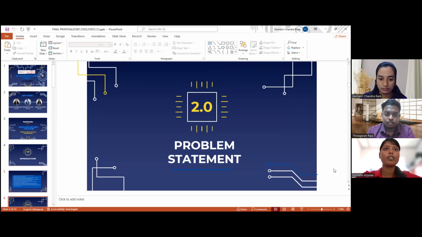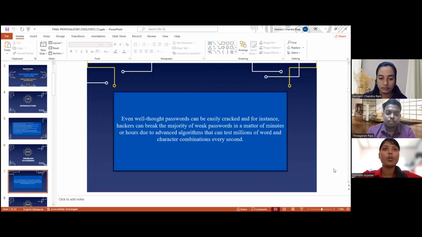Next, we're moving on to the problem statement about our project. Passwords can be easily cracked, and for instance, hackers can break the majority of weak passwords in a matter of minutes or hours due to advanced algorithms that can test millions of words and character combinations every second.